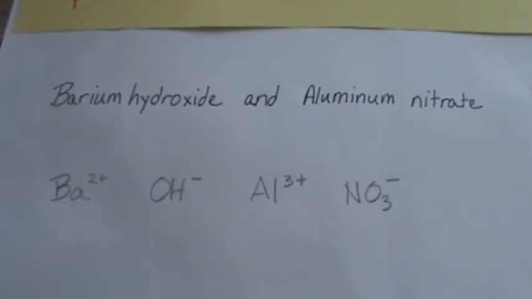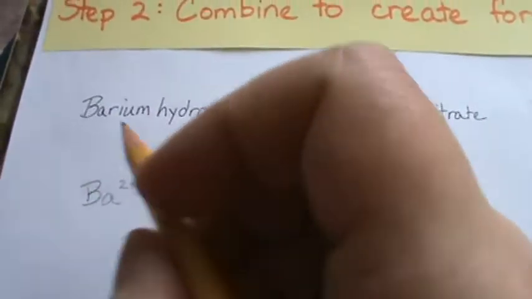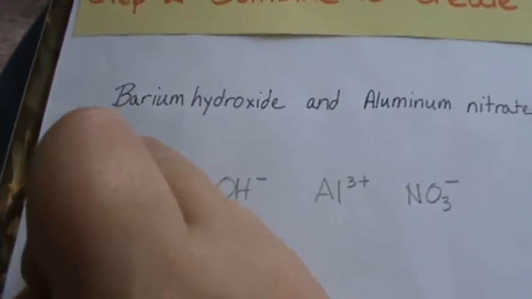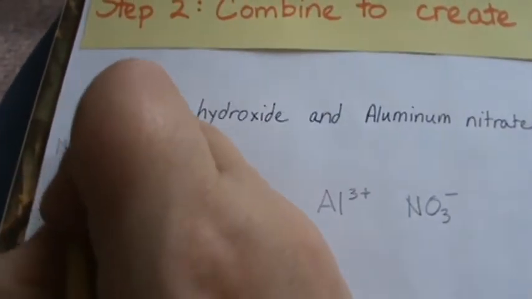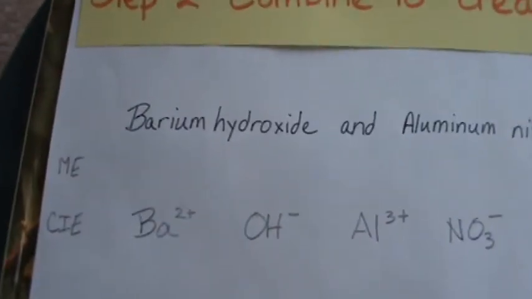Now what I need to do is combine them to create formulas. And this time I was prepared, so I set those up so that I could make the equations right in there. So now we have our molecular equation.